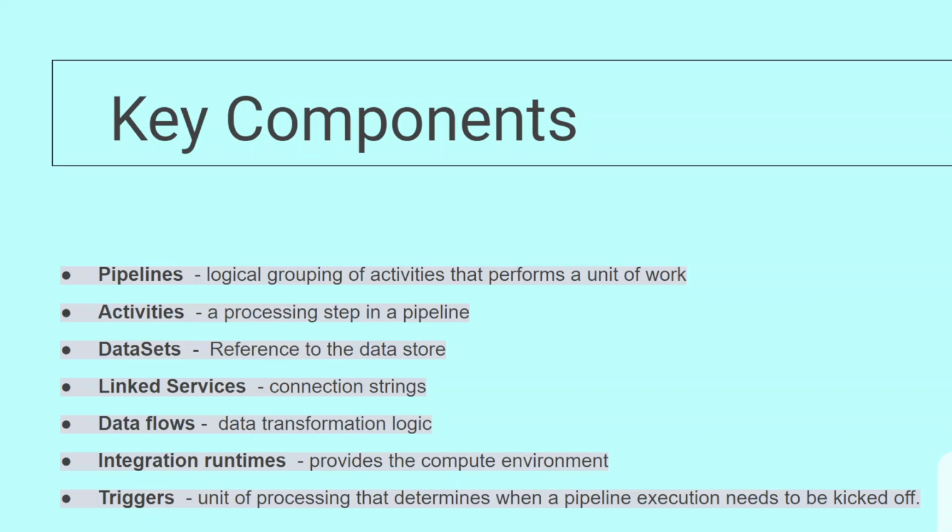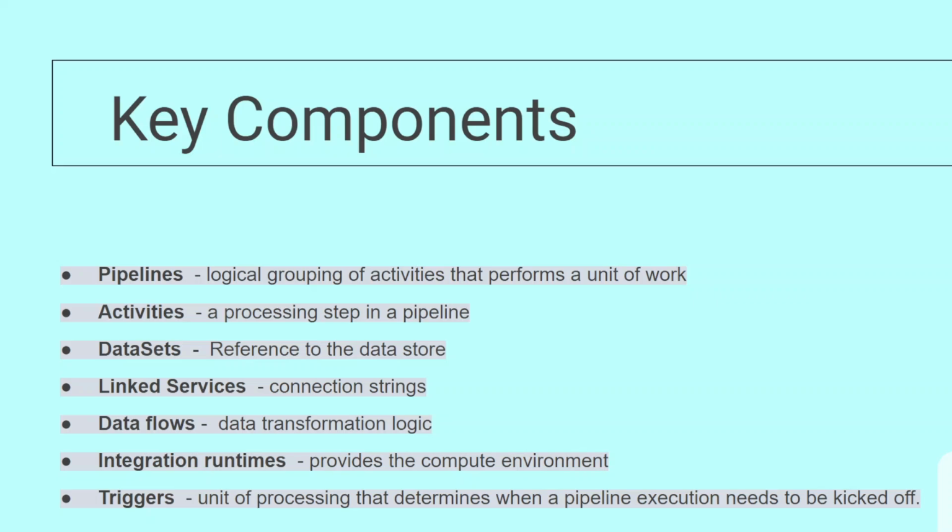I'll just give the notes of it. The first thing is pipeline. A pipeline is just a workflow, a logical grouping of activities that perform a unit of work. That is what is given by Microsoft. So that means a group of activities.